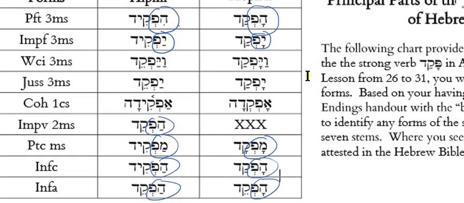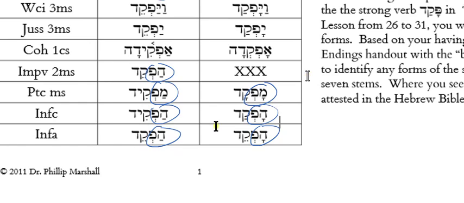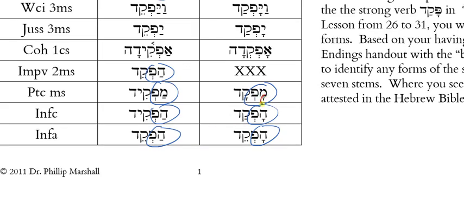Here, we'll put it up here. There's my mem prefix. What is that vowel? Is that a qamets or a qamets qatuf? That's a qamets qatuf, which is a short O. Mophqad. So that is a U class vowel, right?